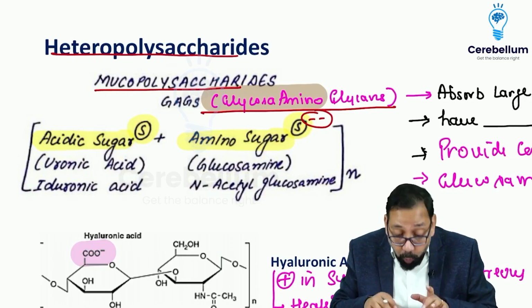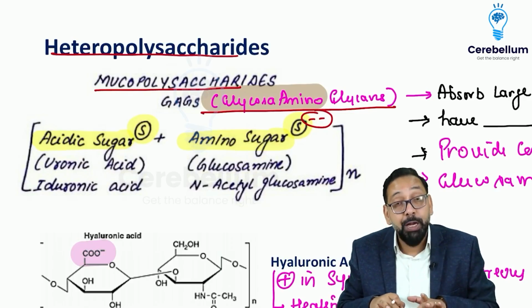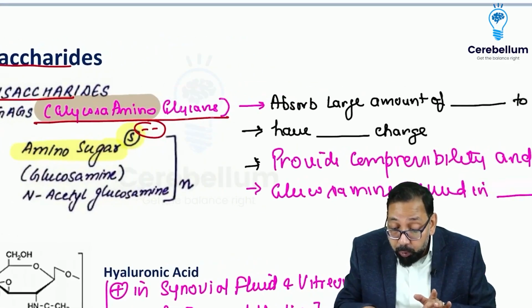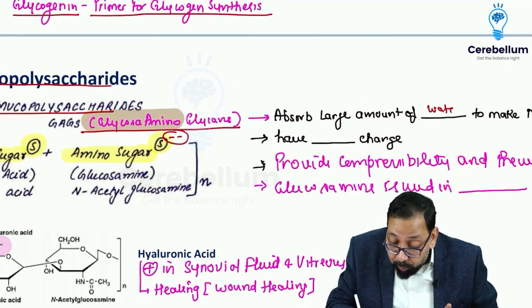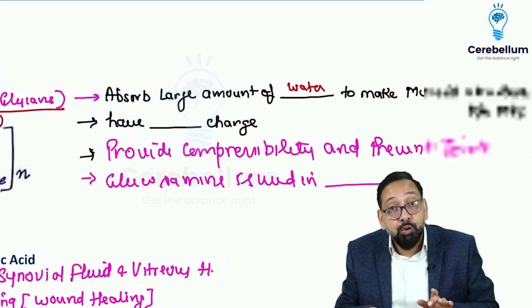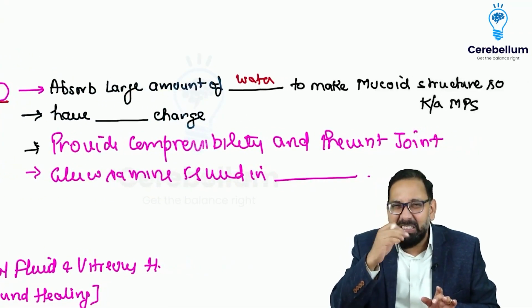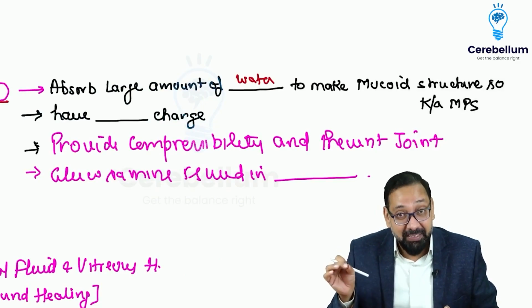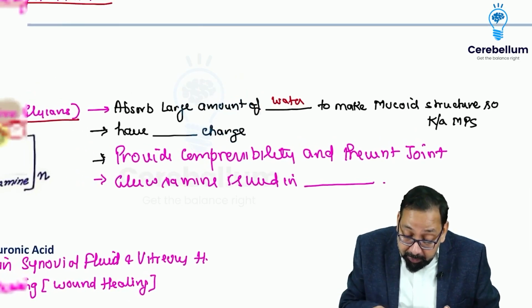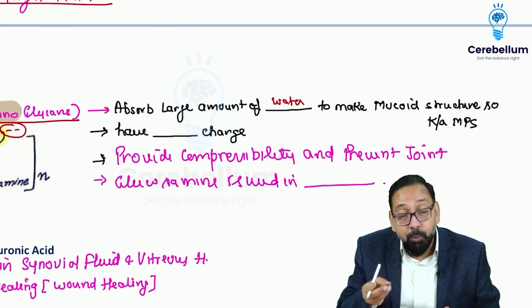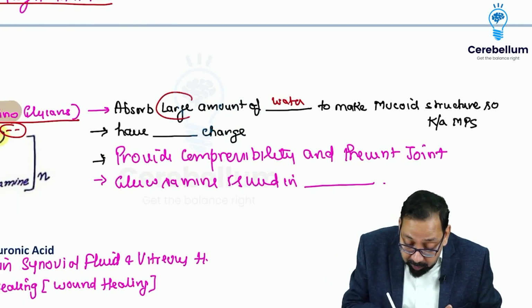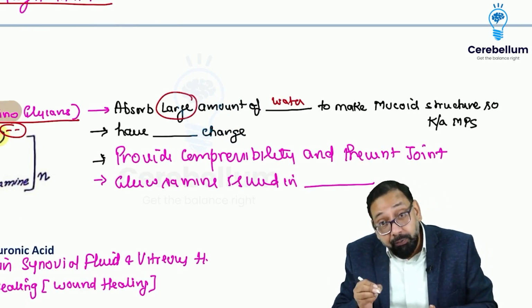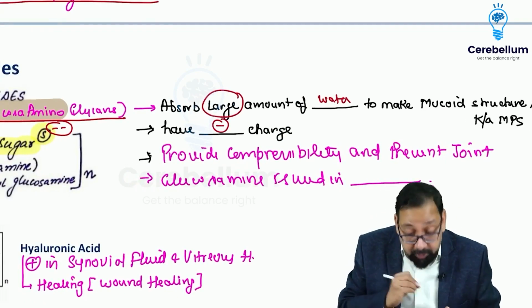All these glycosaminoglycans absorb a large amount of water to make a mucoid structure. That's why they are called mucopolysaccharides. A question has been asked: do they absorb a large or small amount of water? They absorb a large amount of water. Due to this sulfate, they have a negative charge.